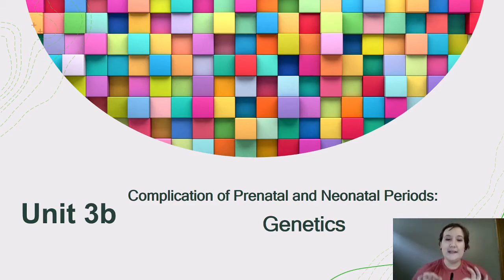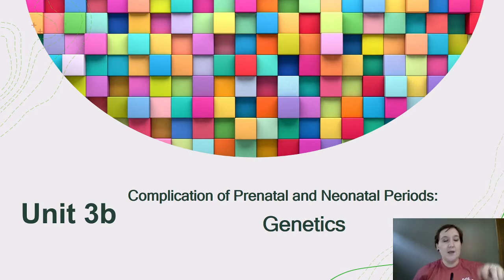So we're looking at the complications. Really, that is what all of Unit 3 is associated with, and we have looked at the more common complications of the prenatal time period and the immediate postpartum time period in Unit 3A.